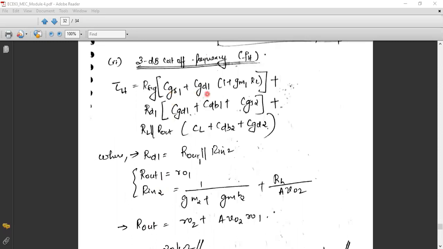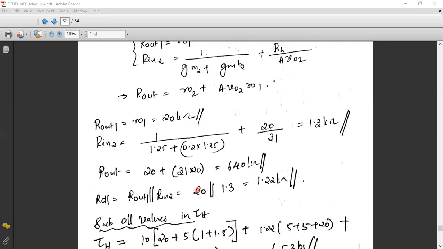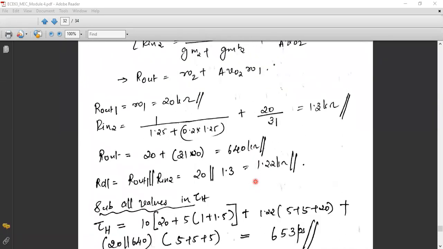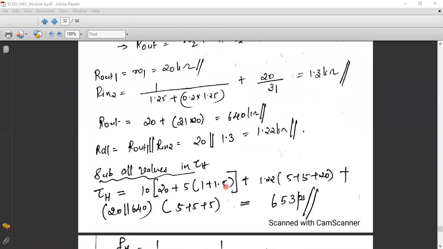So 20 plus 5 into 1 plus 1.25 into 20. So after substituting, check whether you are getting the same answer.